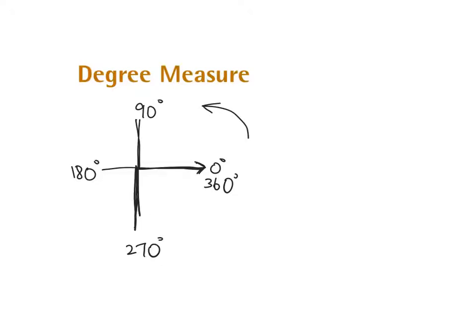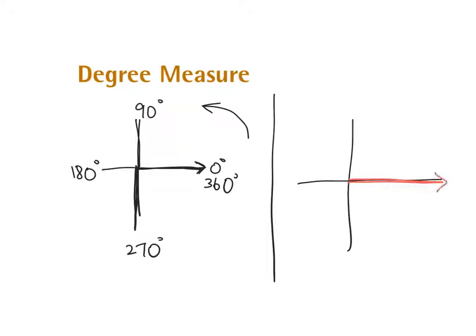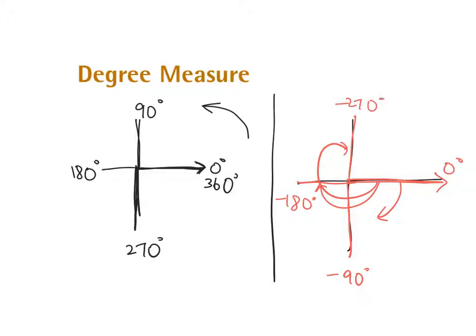Again, this is if we're rotating in the positive direction. If we were to go the other way, standard position, you always start right here. You're still at 0 degrees, but if we go this way, you're now at negative 90 degrees, then negative 180 degrees, then negative 270 degrees, negative 360 degrees, and you could keep going.